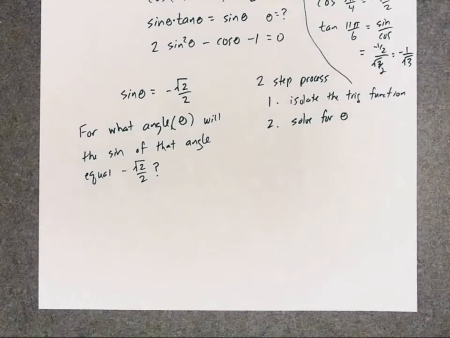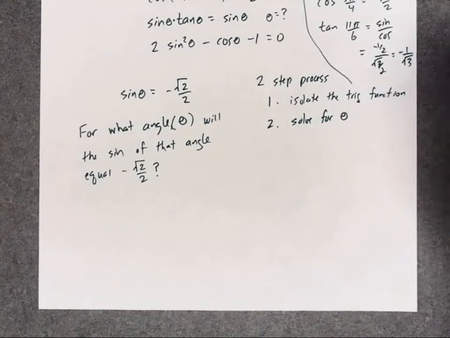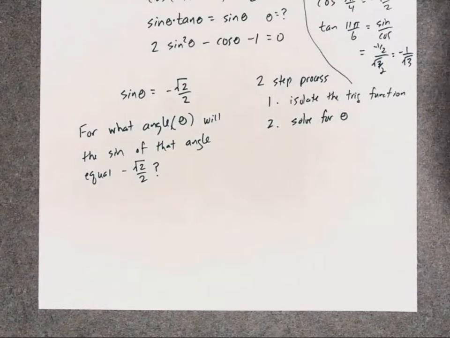So you think of the unit circle. Now I'm looking at the sine, so I think to myself, for what angle is the sine negative square root of 2 over 2? I'm looking at my points around the unit circle, and I'm really looking for where the y value of a point is negative square root of 2 over 2.